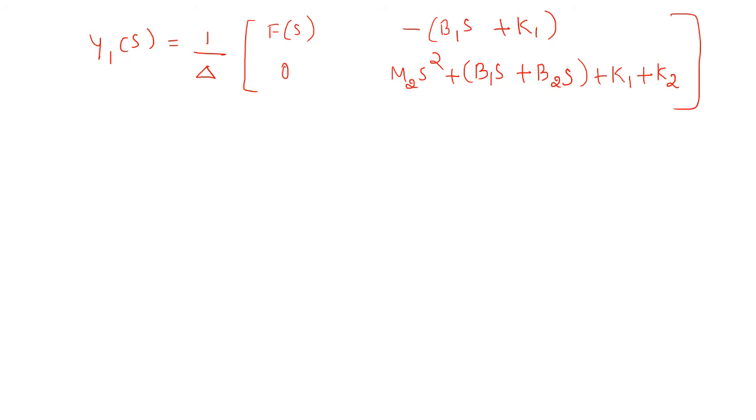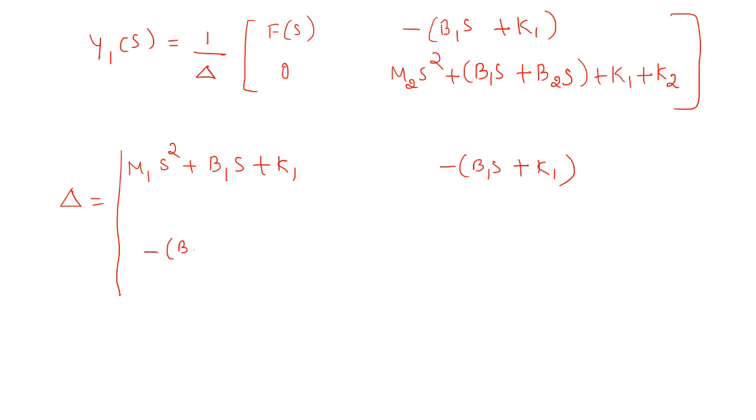So what is the denominator, that is, the determinant delta? It is the determinant of the matrix: M1 s square plus B1 s plus K1, minus B1 s plus K1; here also minus B1 s plus K1, and M2 s square plus B1 s plus B2 s plus K1 plus K2.